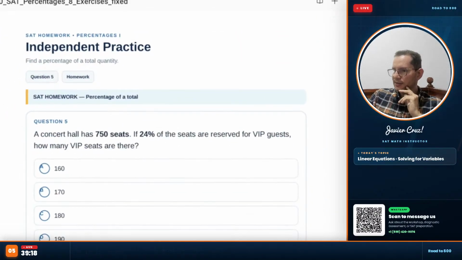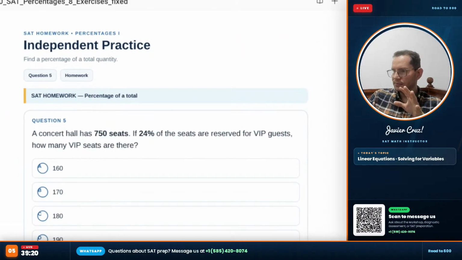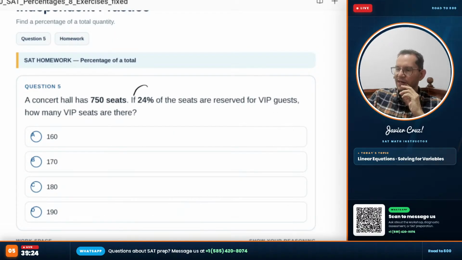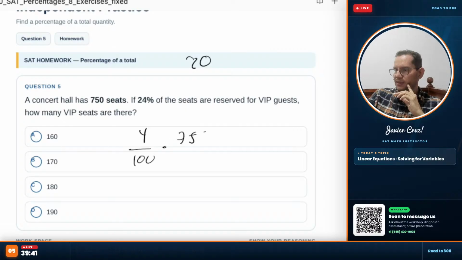And for the intermediate problem, try to find how we find the 24%. First, try finding the 20%. It's pretty easy to do that. And then try finding the 4%. Remember, 4% is 4 over 100 multiplied by this number, right? But it's just the 4%, and you have to add it with the 20%.